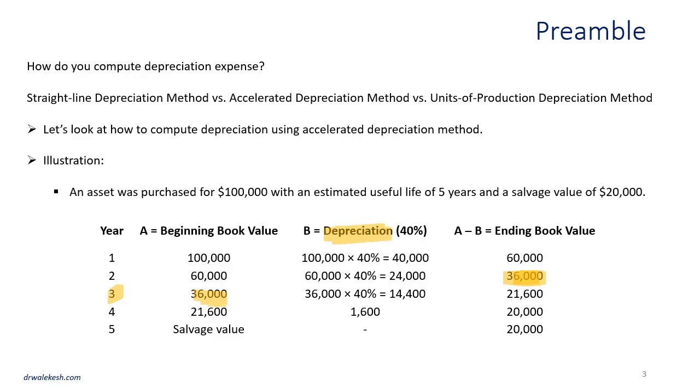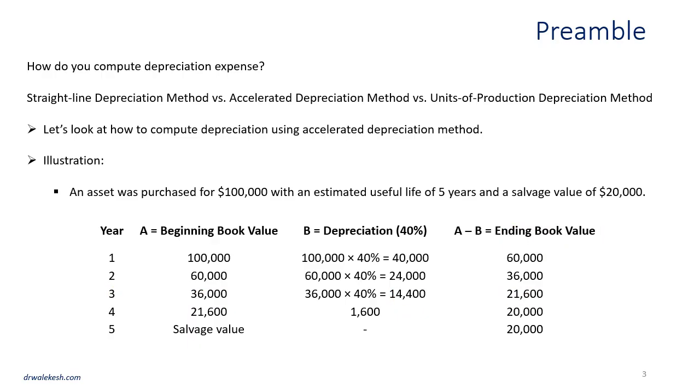To compute the depreciation expense, it will be 36,000 times 40%, which is 14,400. To compute the ending book value for year 3, it will be 36,000 minus 14,400, and that would be 21,600.